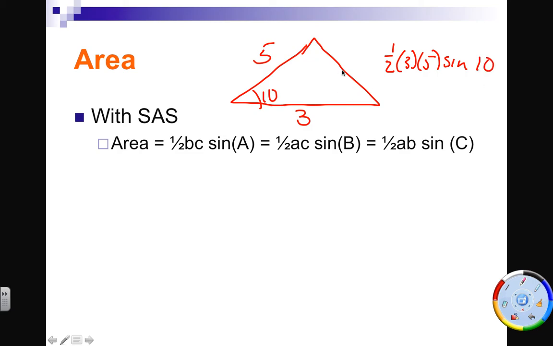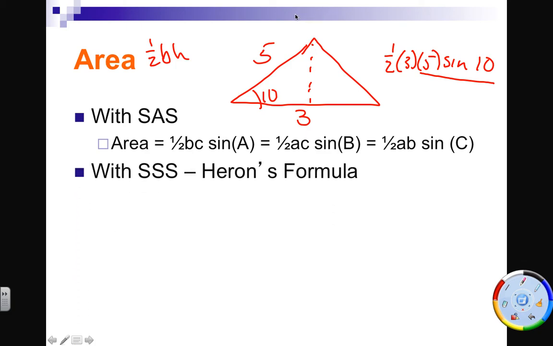And that should actually kind of make sense, because we can find the height of the triangle using b sine of A, and the height of the triangle actually ends up being 5 sine of 10 times 1/2 times the length of the base. So it's just our basic 1/2 BH formula, just looking at it in trig form rather than needing to find the height. But the next formula is super cool.